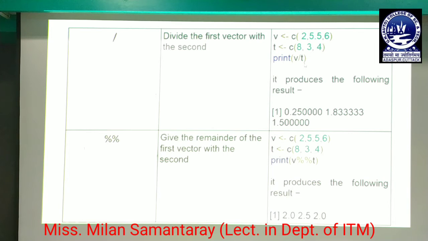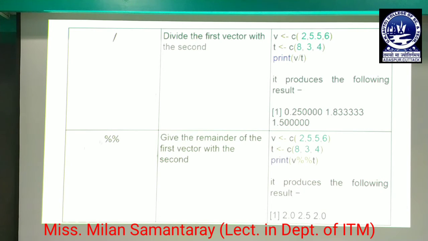So, v divided by t means every element of v will be divided by the corresponding element of t, that means 2 divided by 8, and then 5.5 divided by 3, and 6 divided by 4. So, what will be the result? It will display this result in floating point values, and the default number of decimal places is 6. So, it will display up to 6 places.